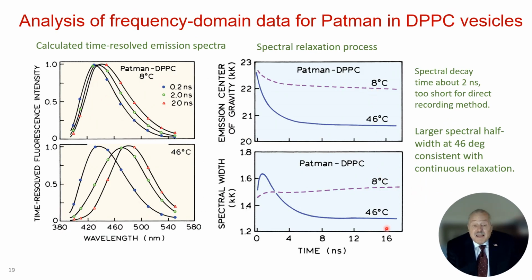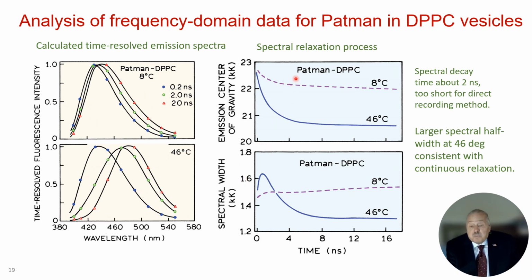So let's look at the analysis of the data for PATMAN in these vesicles. There are time-dependent spectral shifts, both below the phase transition and above the phase transition. The shifts are much greater above the phase transition, meaning that the lipid head groups and water interface could relax more rapidly at the higher temperature.